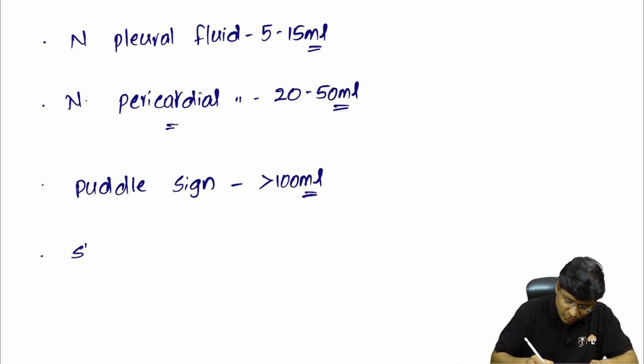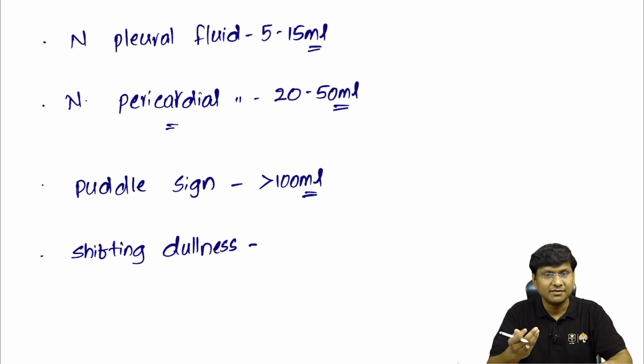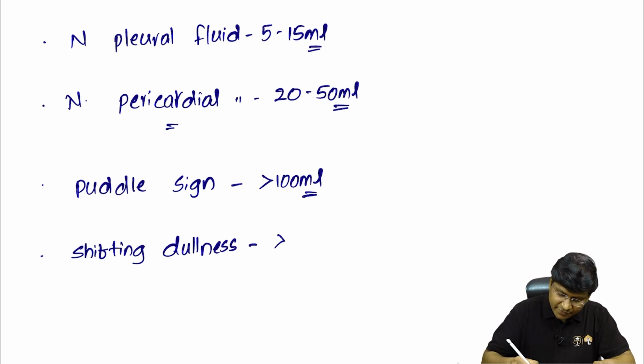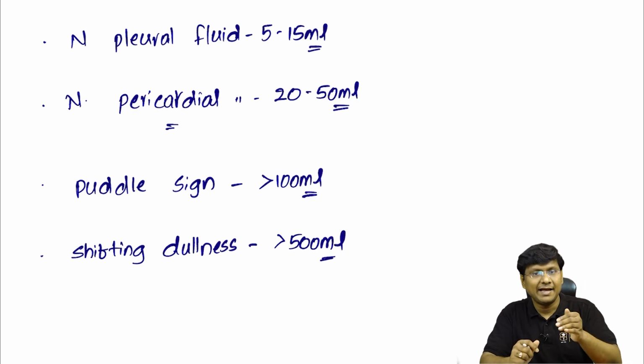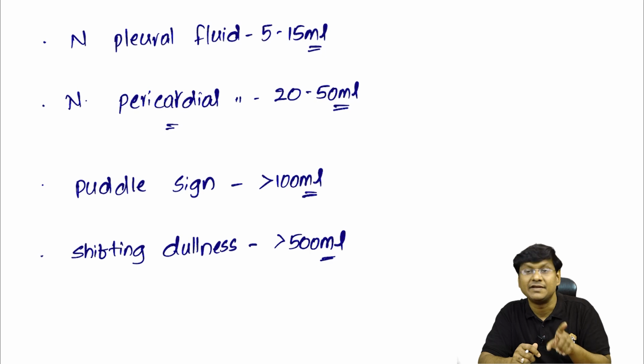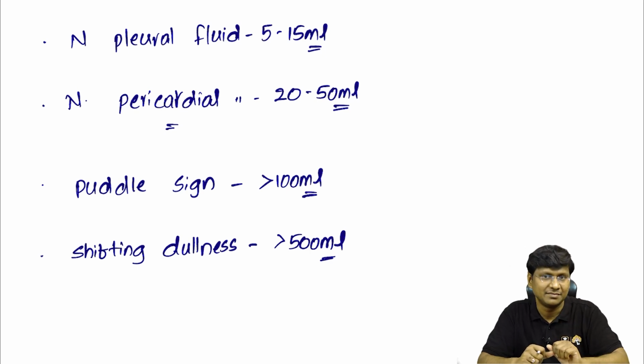And we have one more important examination methodology called shifting dullness. Shifting dullness can detect fluid in the peritoneal cavity of around 500 ml, okay? And we have one more methodology by which you can detect fluid in the peritoneal cavity if it is around 1500 ml, okay?